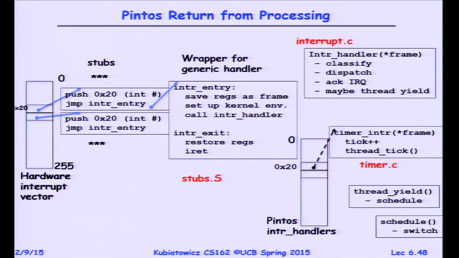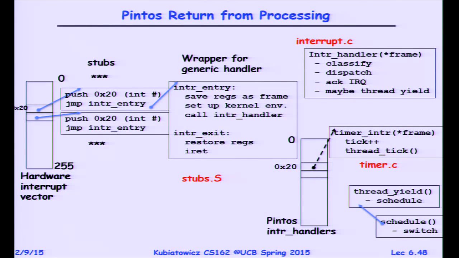So here's how it looks. Going up, the interrupt calls the stub, which calls the generic handler, the handler calls this interrupt, and that called this timer interrupt, and at some point we called thread yield, which called schedule, and now after doing switch, way down here, what does switch do? Switch changes you from the S context to the T context.